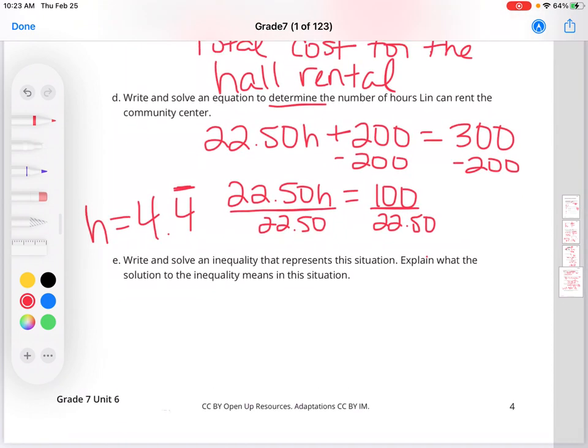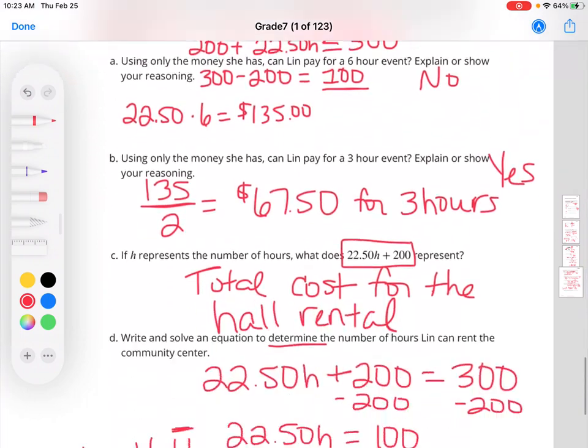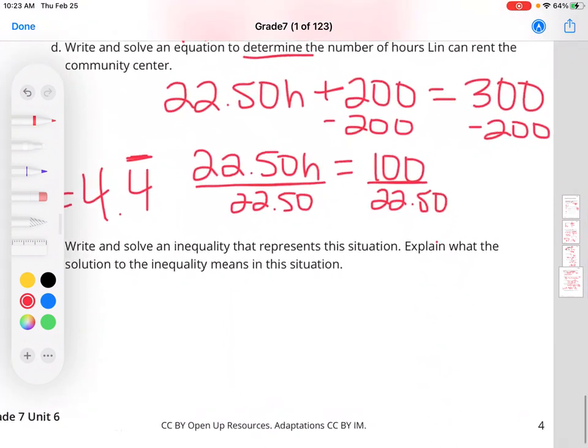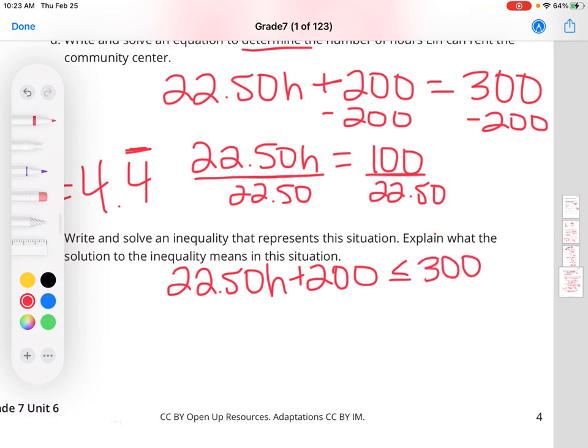E wants you to write and solve an inequality, which we had already written up here. So the only difference is that it can be less than or equal to $300 because I can't spend more than that. So $22.50 times H plus 200 has to be less than or equal to $300.